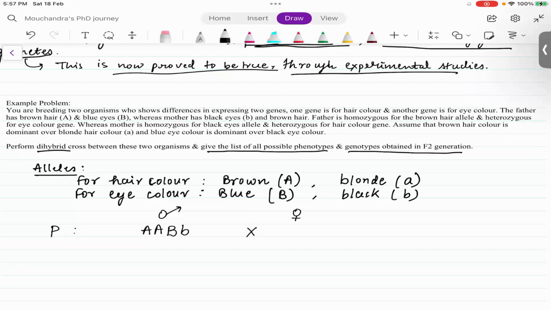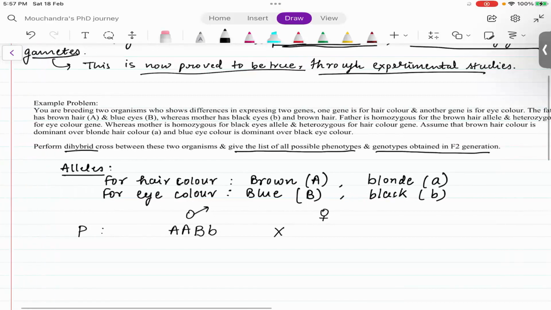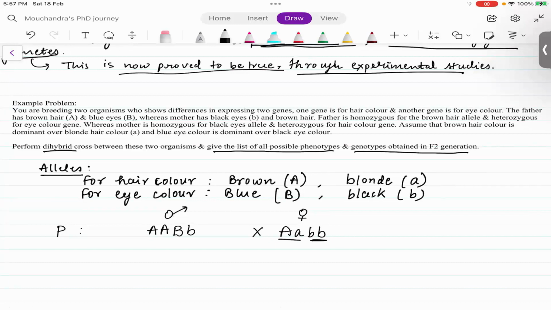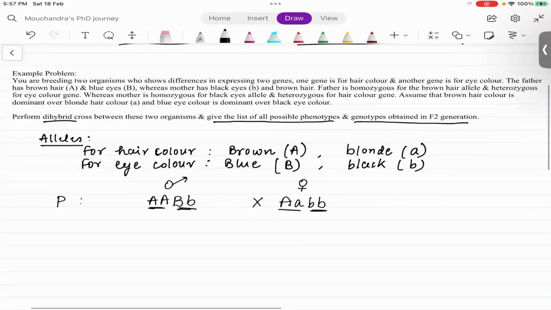Mother is homozygous for black eye allele, and heterozygous for hair color gene. So the hair color gene is heterozygous, and she is homozygous for black eye color. For the father, he is homozygous for brown hair allele and heterozygous for eye color. So these are the genotypes of the parental generation.